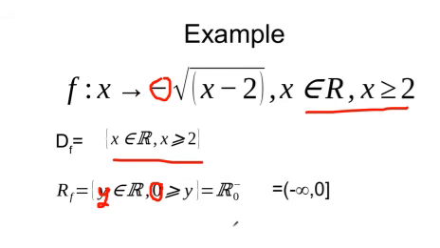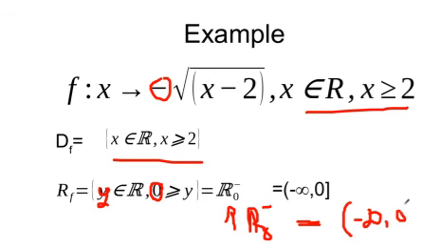Another way of looking at it is R sub 0 super negative. And also we can write it in this form: open parenthesis, negative infinity, which is not equal to infinity. Infinity is not a number. Until 0, closed bracket, which means you can have this equal to 0.